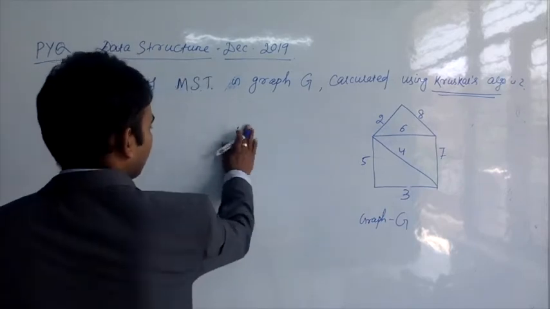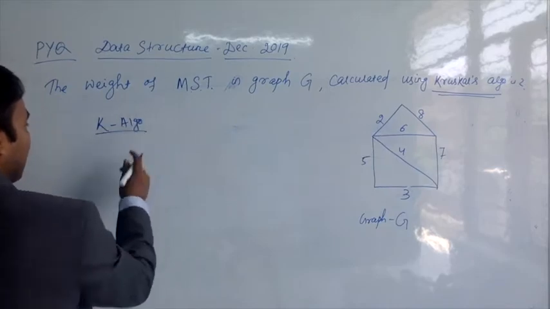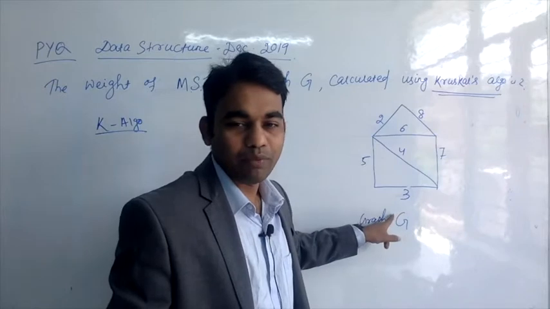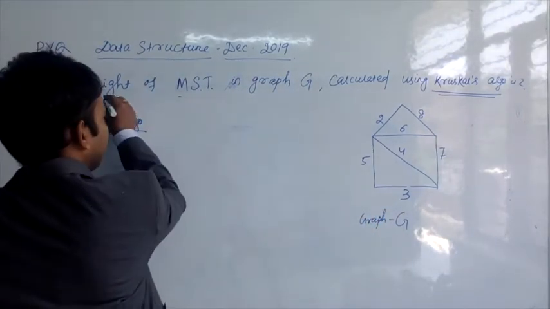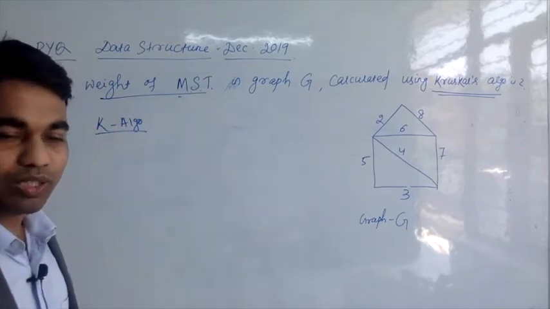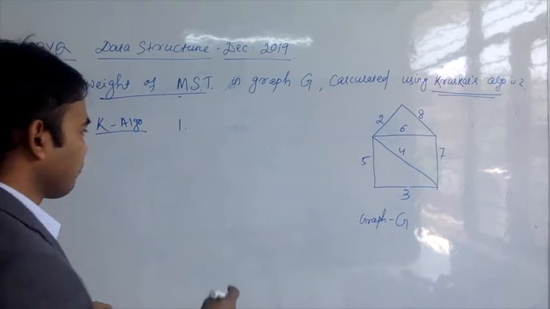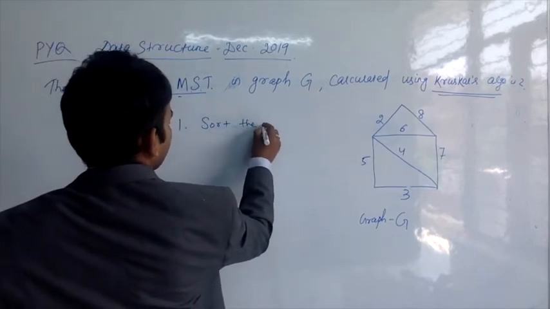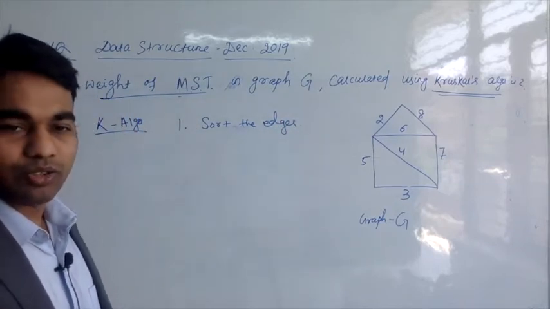First of all, what does Kruskal's algorithm say? We are using Kruskal's algorithm on this particular weighted graph, so we need to find out the weight of the MST. What is Kruskal's algorithm? In shortcut, just try to understand: first of all, sort the edges in increasing order.